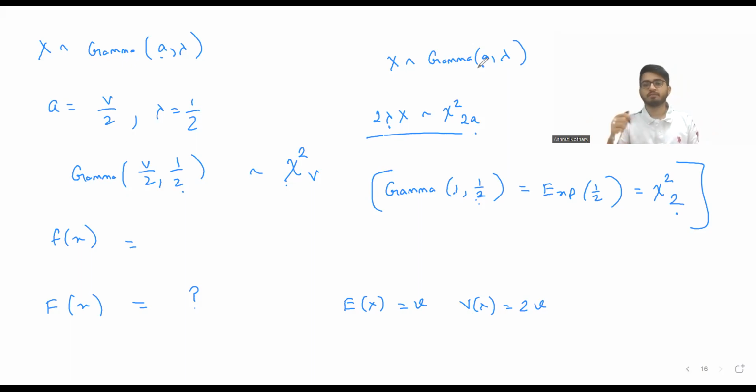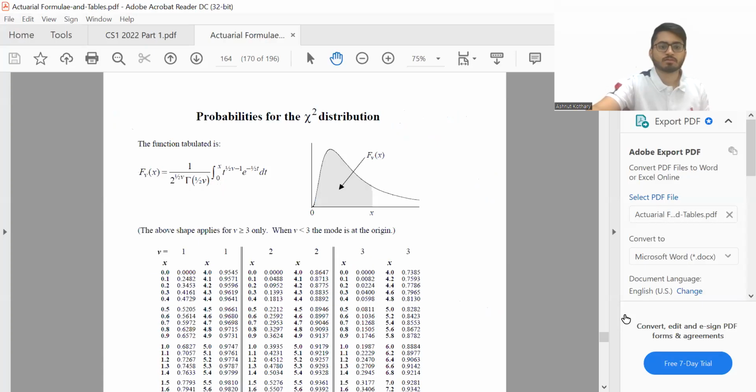Note that here, not all values of x are there. The first values of x are 0, 0.1, 0.2, 0.3, and so on. So if you want the probability that chi-square is less than 0.15, that is directly not available. So you'll have to apply linear interpolation.